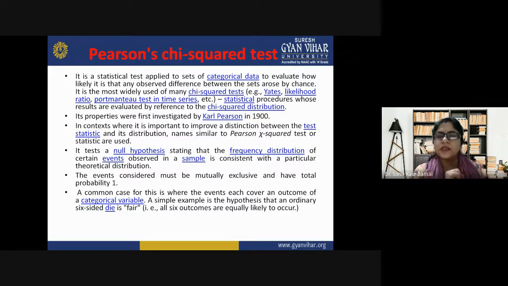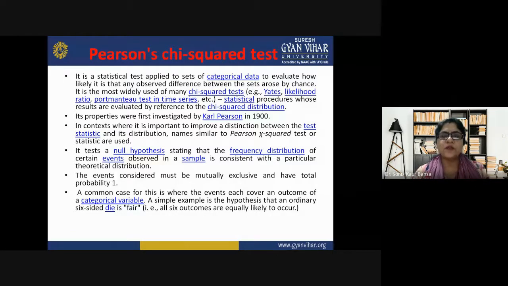So teachers are of different categories. If you are taking university teachers, they may be assistant professor, associate professor, professor, and if you are taking school teachers, they may be PRT, TGT, PGT. So this is how the category is made.